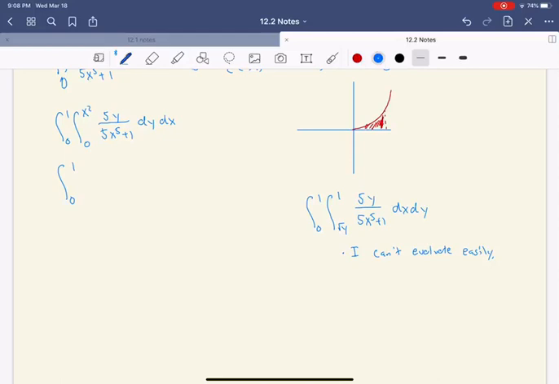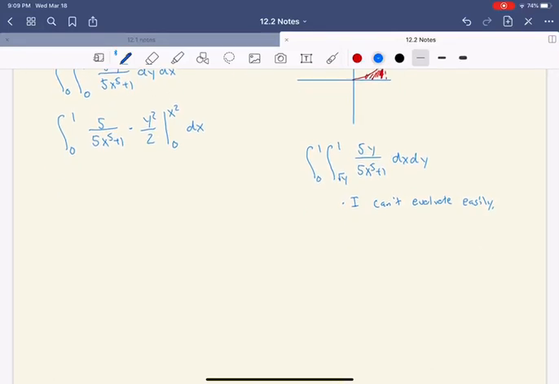0 to 1. Now we're going to integrate first in y. So we're going to get 5 over 5x to the fifth plus 1 times y squared over 2, with y going from 0 to x squared dx. Okay.